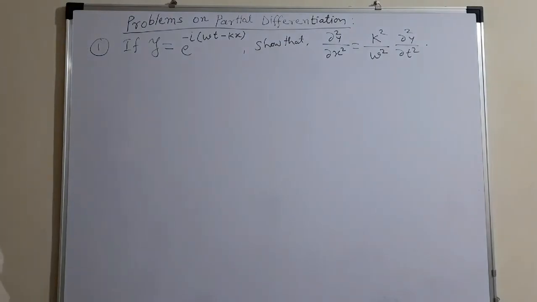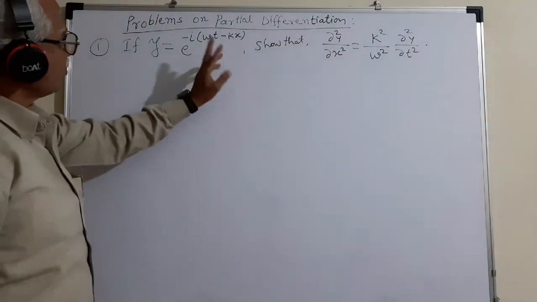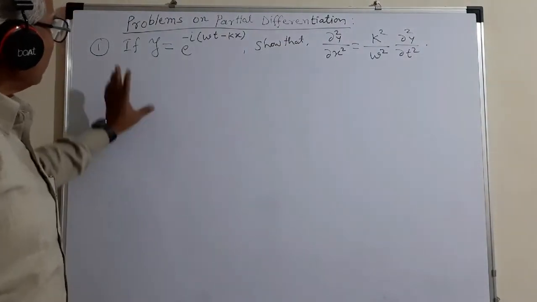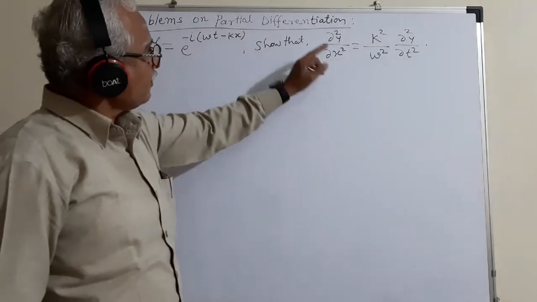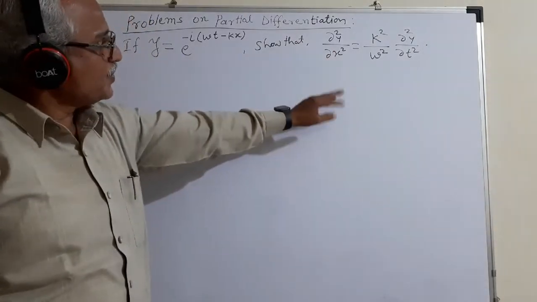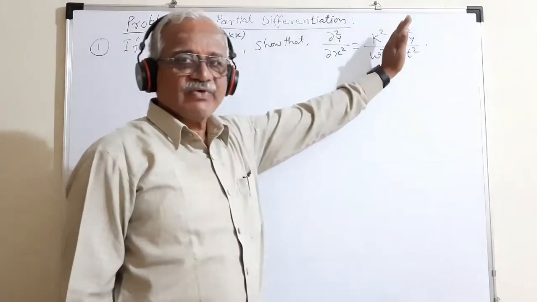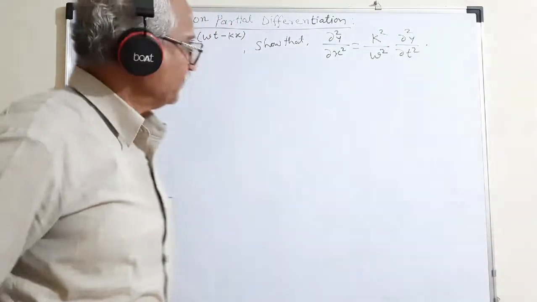So here you are given y as a function of x and t, and you are asked to show that ∂²y/∂x² is equal to k² by omega² ∂²y/∂t².